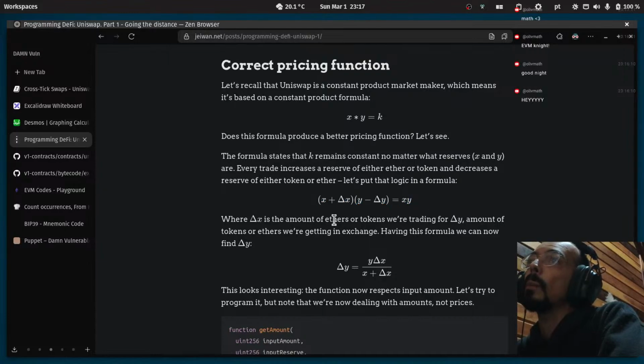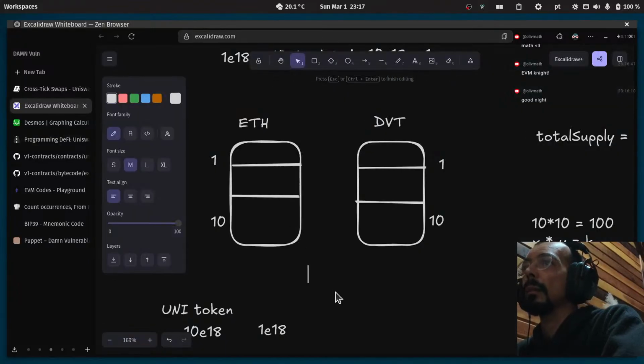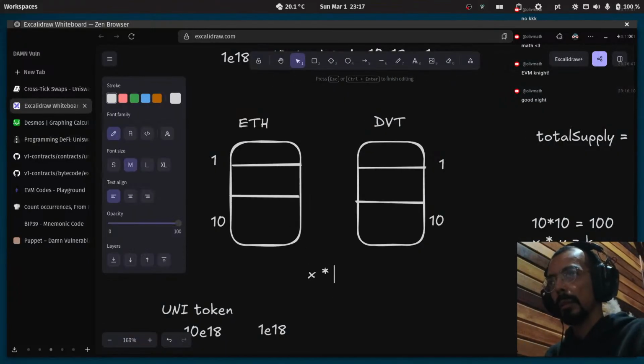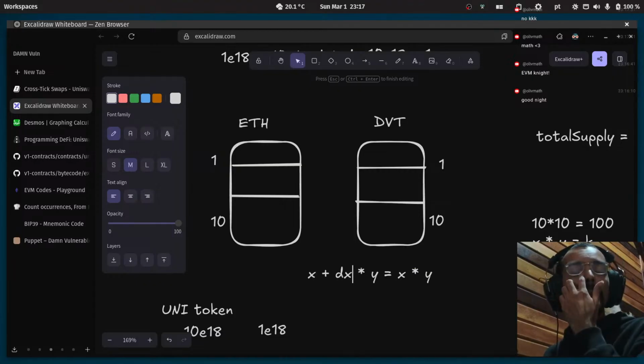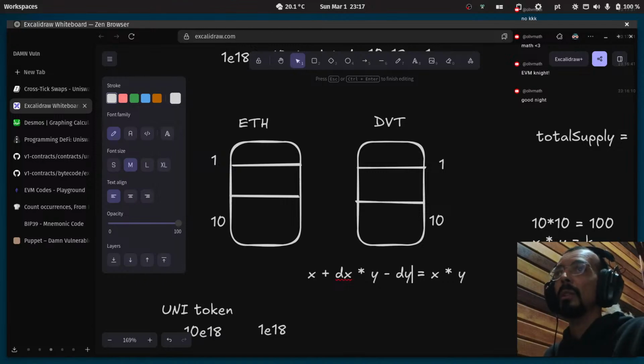So what we're trying to understand here is how they get to that calculation. I think how they get this was like: X plus this equals this. Like I have a pool, when I add something to this pool, I'm going to remove something from the pool, right?